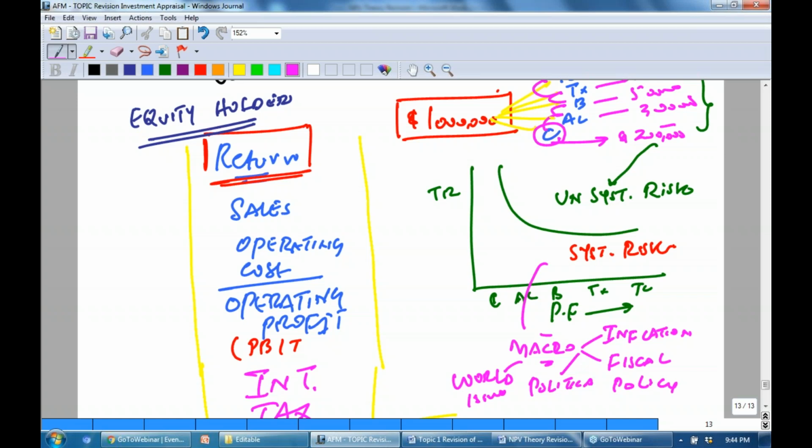So what I'm saying is that systematic risks are the macro factors in a particular economy that hit all industries. For example, inflation in Pakistan hits the car industry, banking industry, food industry, all industries, with some affected lower, some higher.